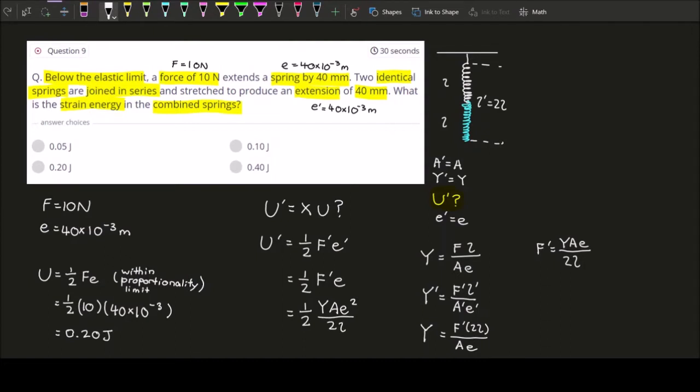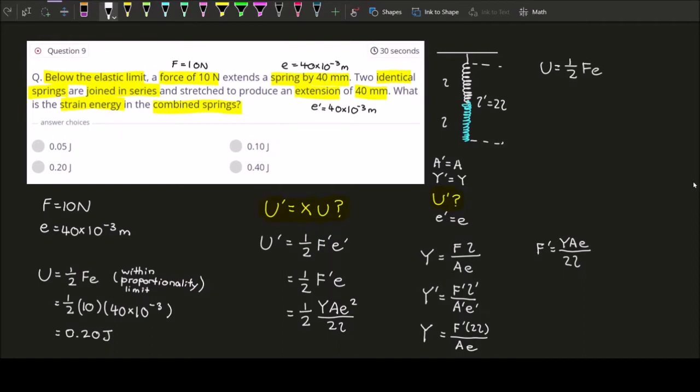Okay, so now we want to relate it to the old situation. So how would the old situation look like? The old situation, sorry for the mess, but I'll write it here. Sorry, it's a bit untidy. So the old situation is half Fe as well.